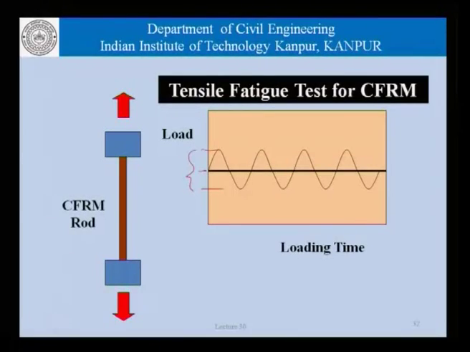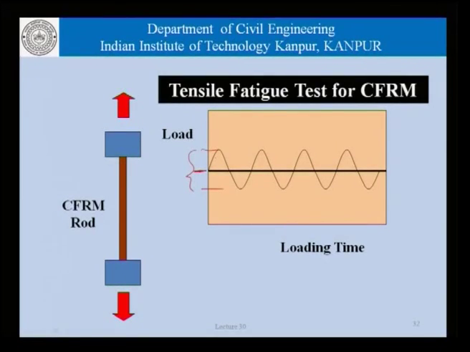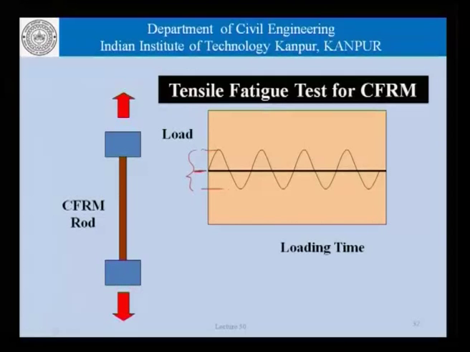The variation could be in terms of the mean load applied in relation to the failure load, or the amplitude of the load being varied, or the frequency of the variation, and so on. In a nutshell, the load is time dependent, as against creep when the load is held constant. In tensile fatigue, the material is always in tension, except that the level of tension varies depending on the amplitude and the frequency of the load application, and this load is applied over a long period of time.